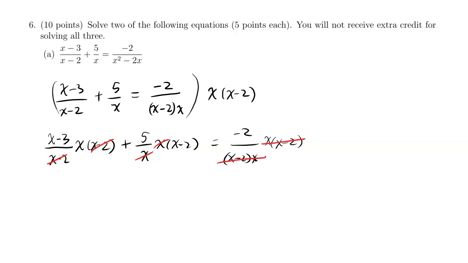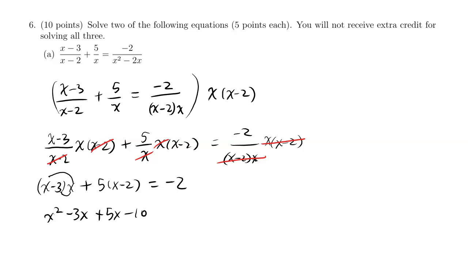And the result is that you have x times x minus 3, 5 times x minus 2, and then equals negative 2. And that's relatively easy to solve. x times x is x squared. x times negative 3 is negative 3x, plus 5x minus 10 equals negative 2.